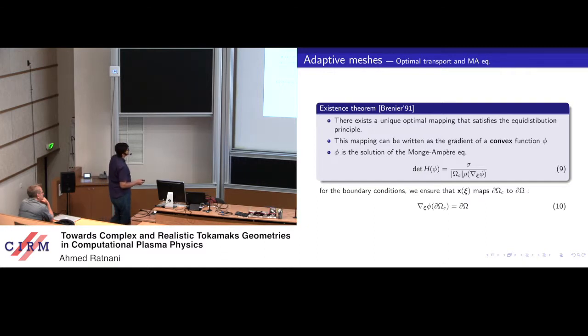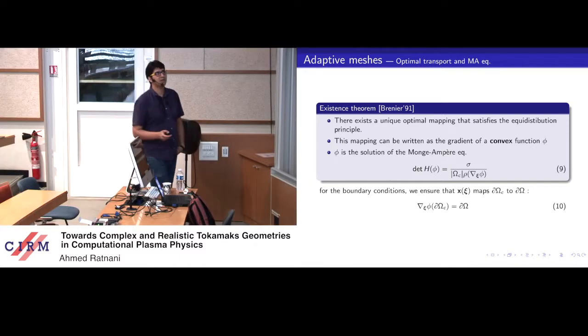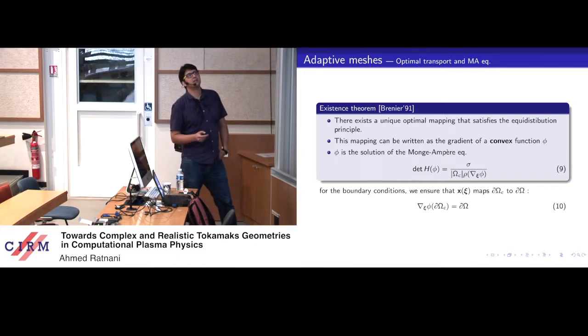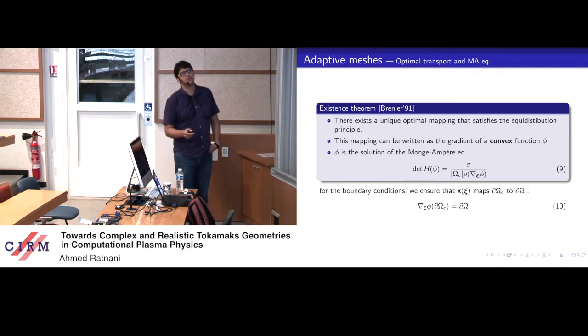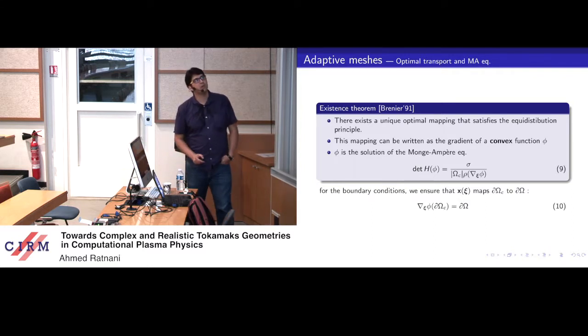I think that the most important is the fact that the solution is convex. So our numerical scheme must somehow ensure that the function is convex, which is not easy to do. And then the unknown is a solution of the Monge problem.